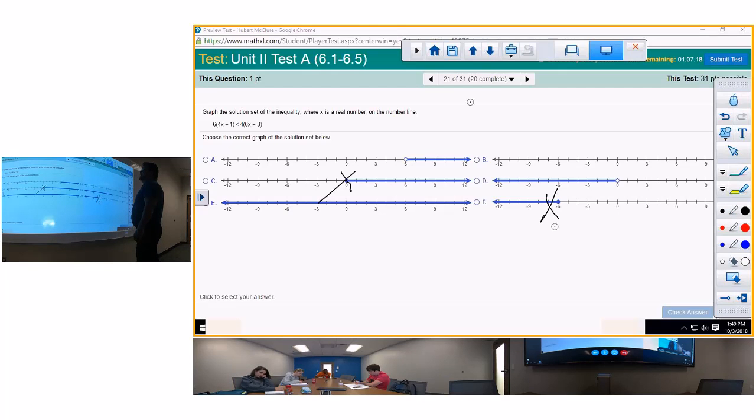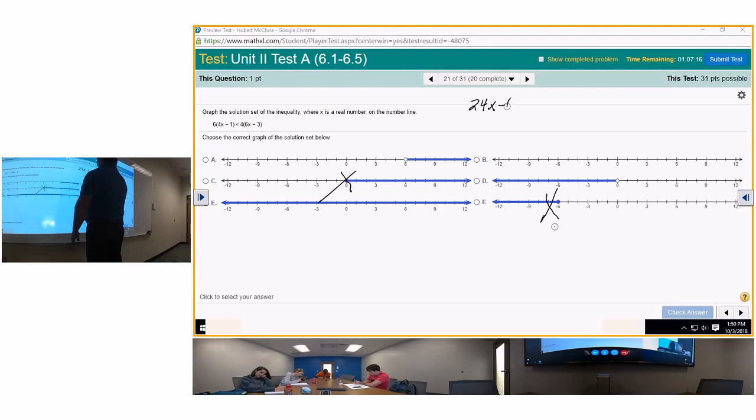24x minus 6 is less than 24x minus what? So the 24's cancel. Negative 6 is less than negative 12. True or false? False. So therefore, which one is it?